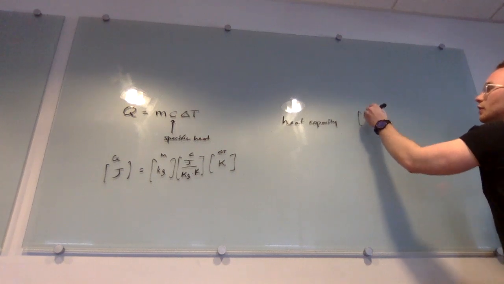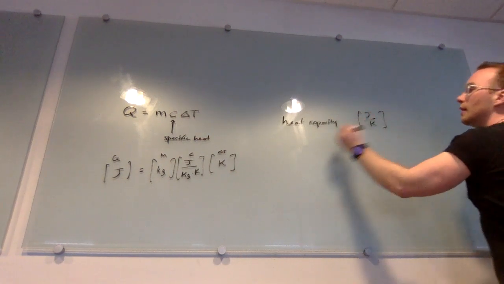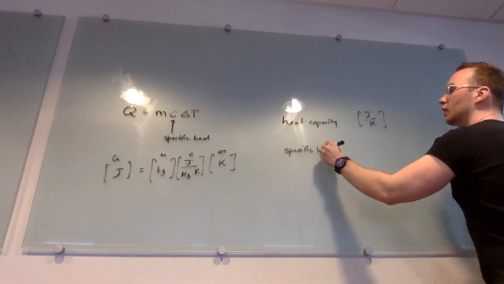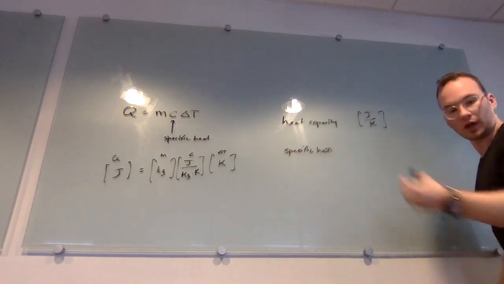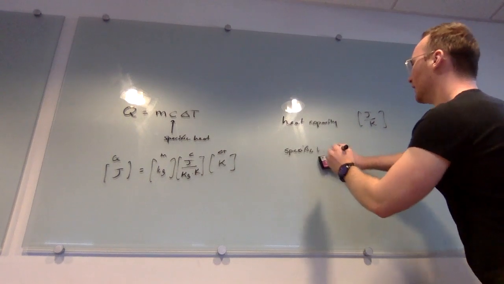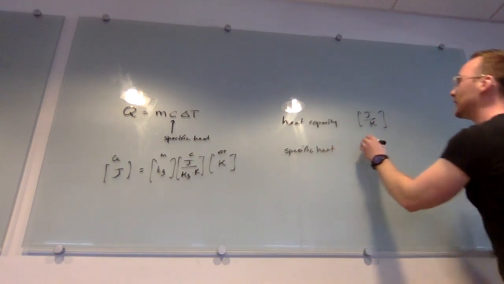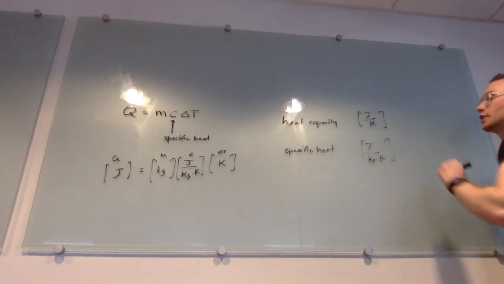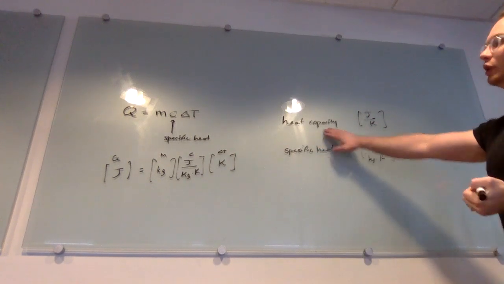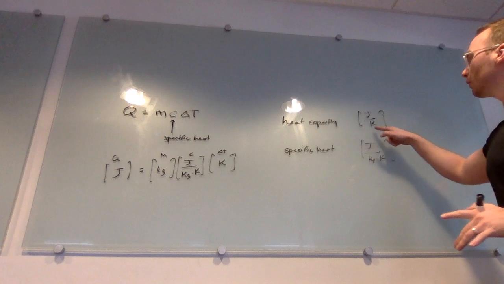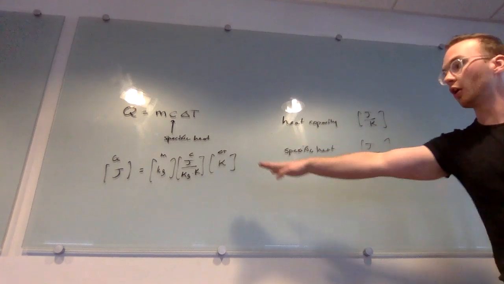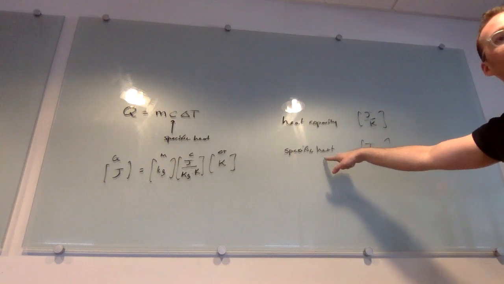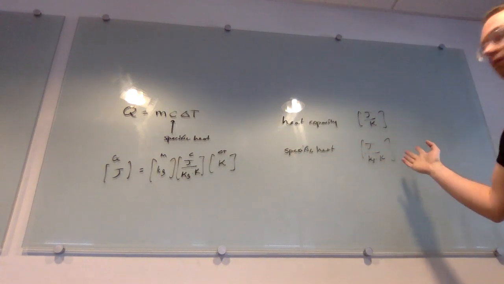Heat capacity has units of joules per Kelvin, and specific heat has units of joules per kilogram Kelvin. So this is where you really should know the words, but if you know what the units are and where they go, that's the important part. They just named them some name because they couldn't think of anything else, I guess.